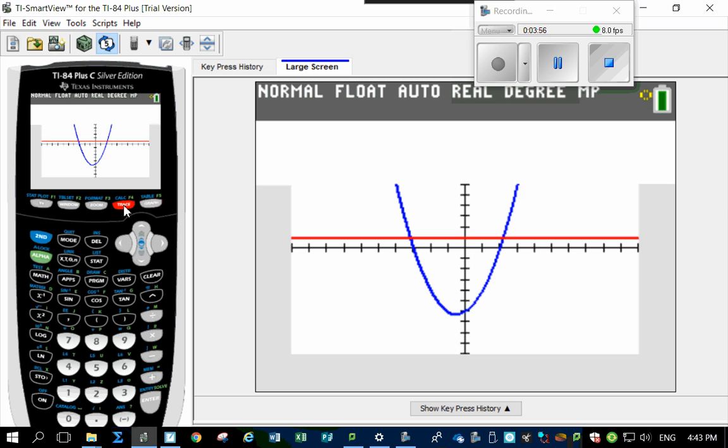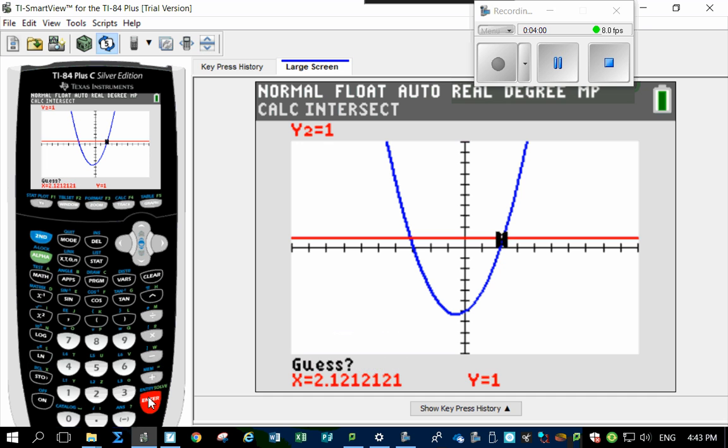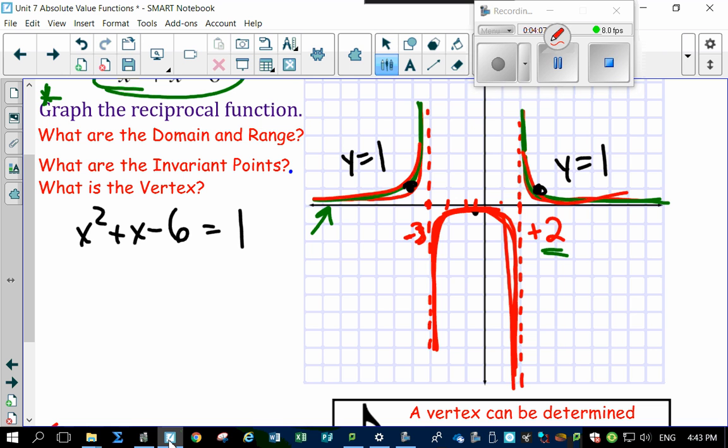Second calc, find the intersect 5, and I'm going to do this one. Enter, enter, enter, and I'm going to find it's at 2.19. So one of my invariant points is right here at 2.19.